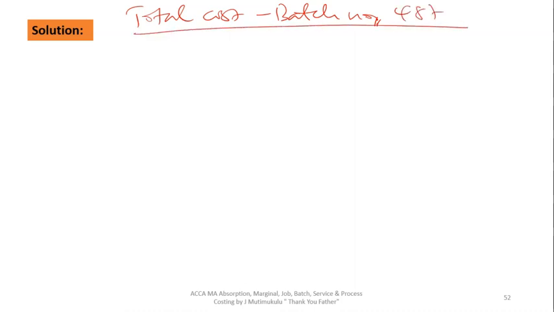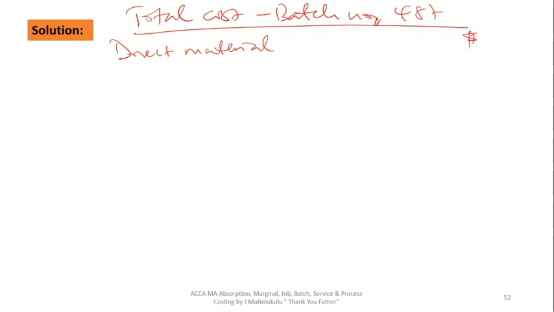So the total cost now, total cost batch number 487. Okay, so we're going to start with the direct material. Ladies and gentlemen, follow this standard cost card on how we account for these costs. You start with the direct material, direct labor, overheads, and so on. Okay, that's what you are going to do.